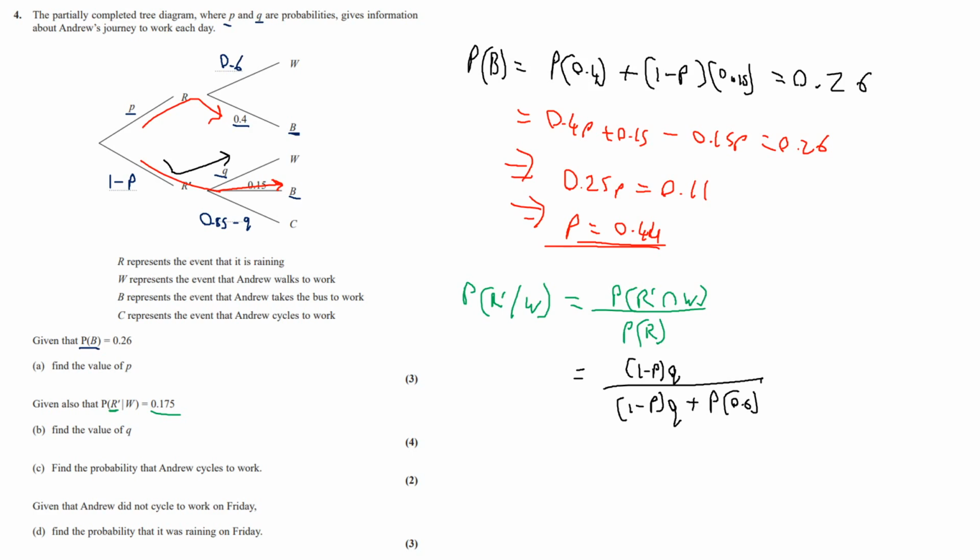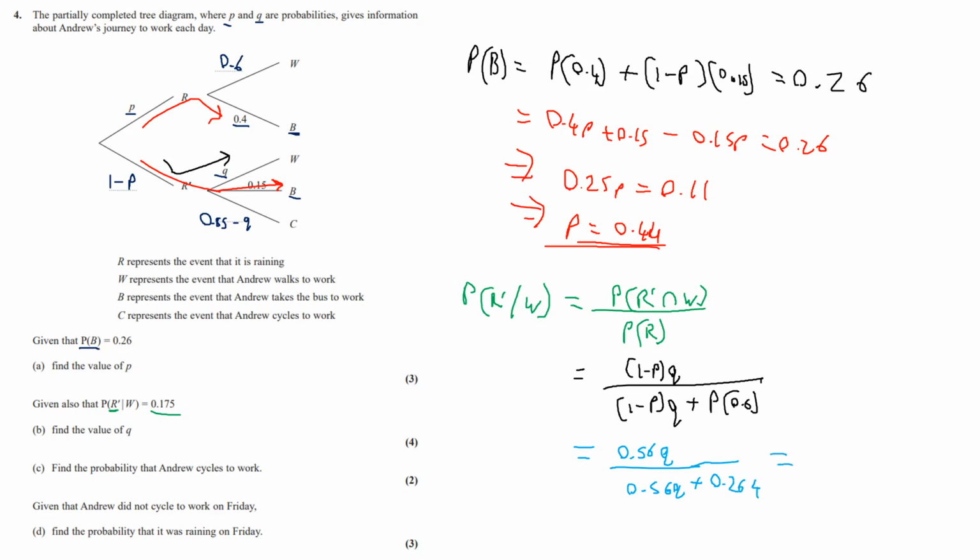We know what P is. P is 0.44. So we can say that 0.56Q over 0.56Q plus, what is 0.44 times 0.6? It's going to be 0.264.